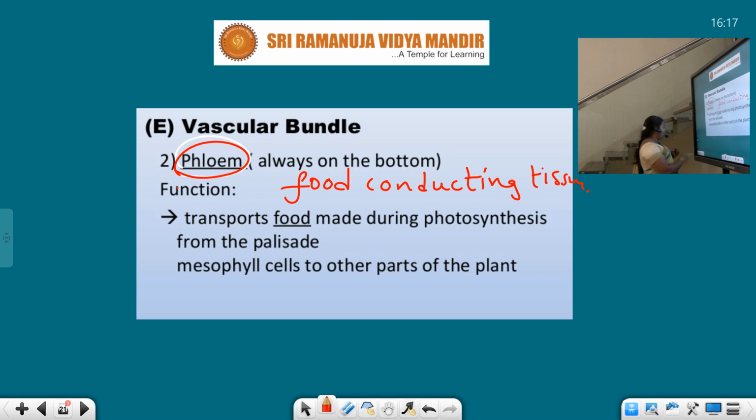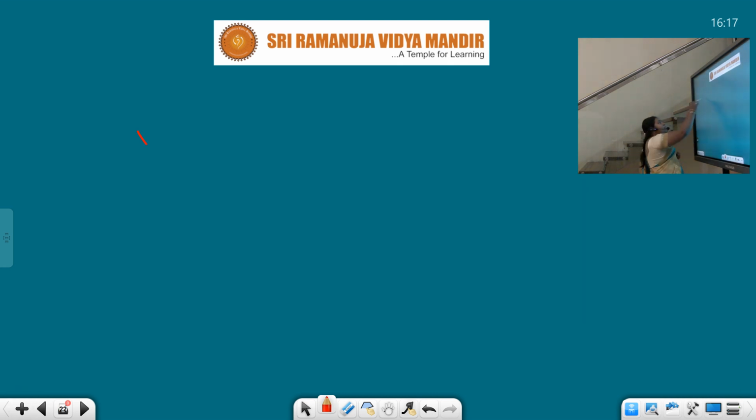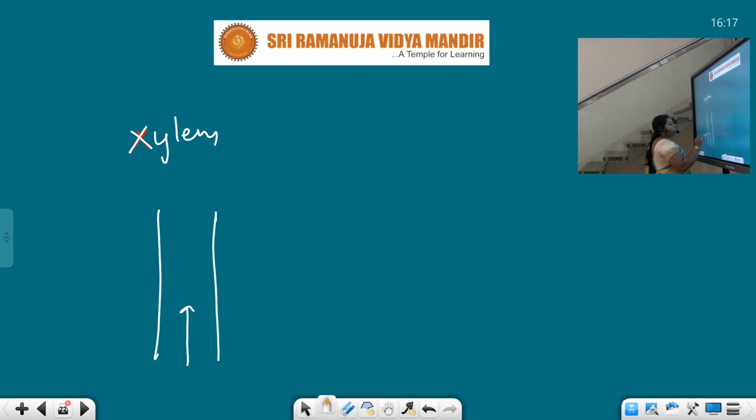Here, one important point I would like to explain. In the case of xylem, the flow is only in the upward direction, unidirectional.